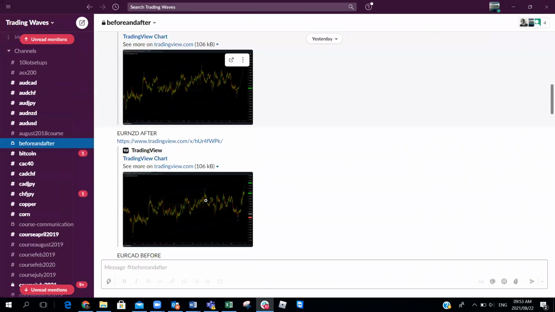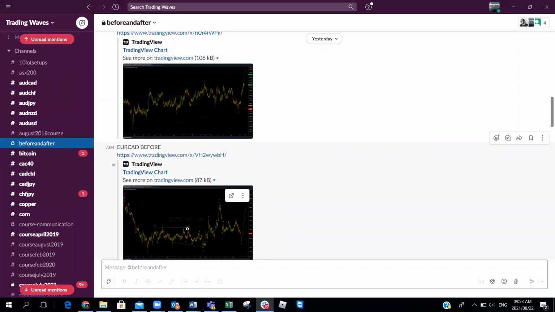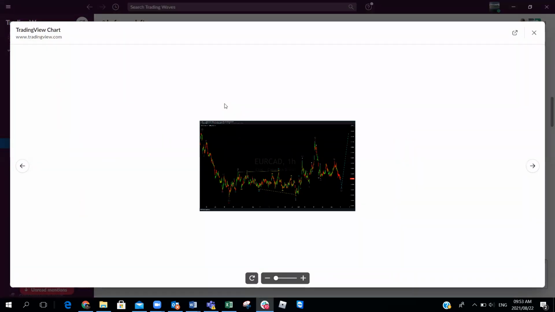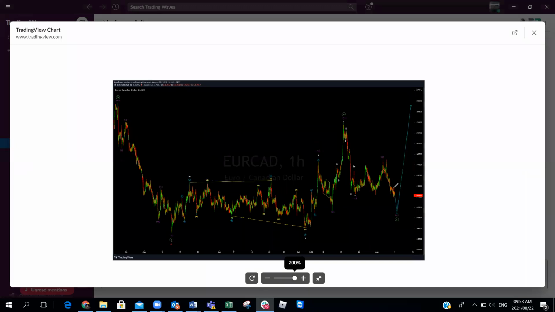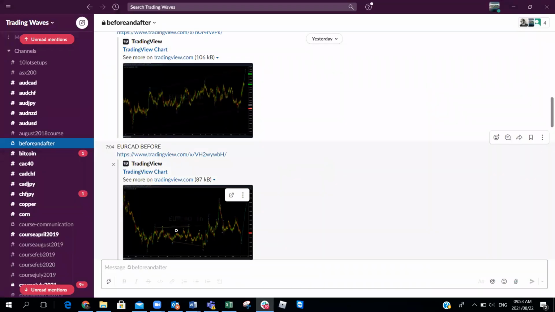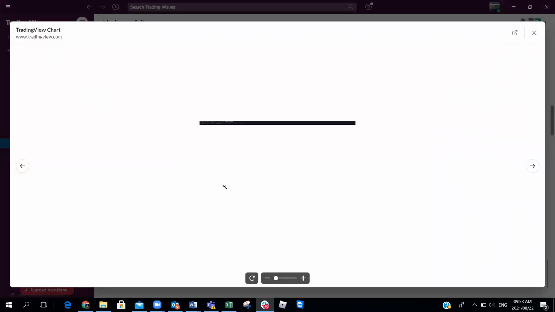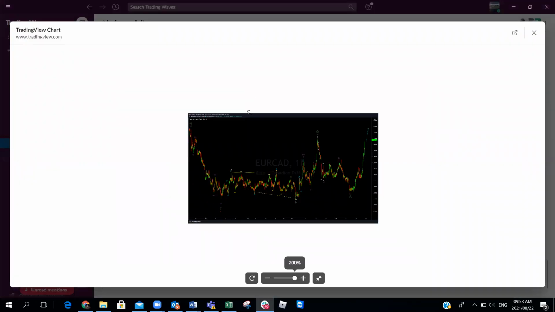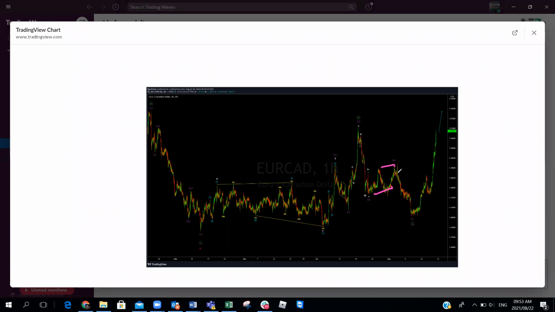Let's have a look at the next one, EURCAD. If you remember EURCAD, we looked for this structure here, which we saw as a flat correction. We wanted this to come down, which it already did, and we focused that we were going to get a reversal here and a move to the upside. How did the market play out? This is EURCAD, and this is how the market played out eventually, as expected.